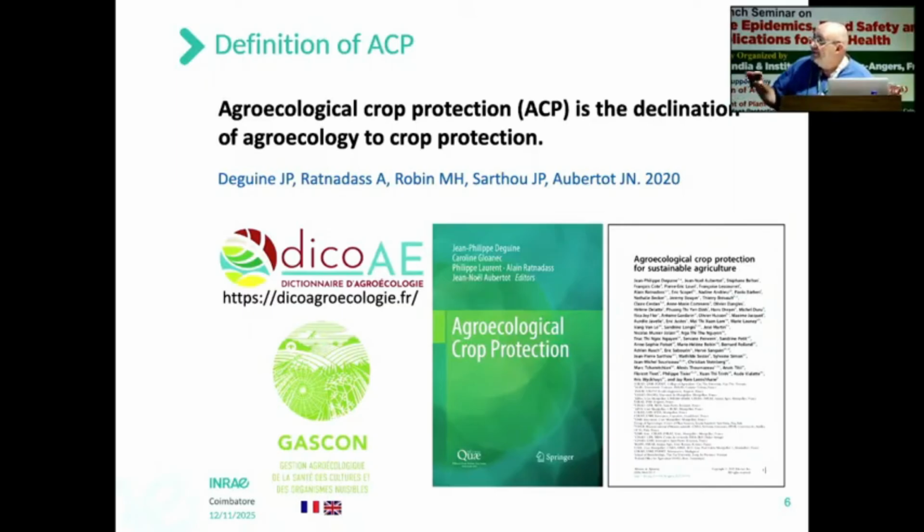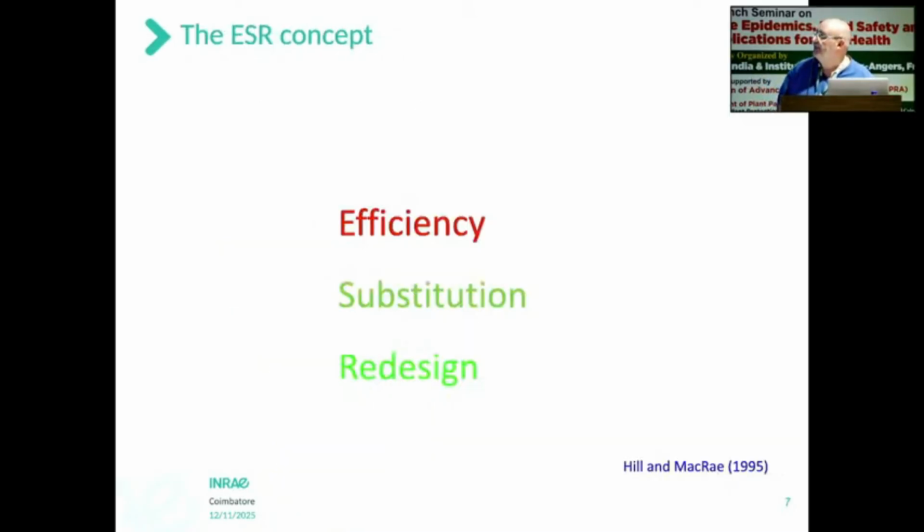And the basic message is that ACP, agroecological crop protection, is the declination of agroecology to crop protection. And we also wrote a paper, you see there are many authors, in order to propose the basic principle of ACP. And there is also an online training tool in order to help students to understand what is agroecological crop protection. So it takes about 8 hours to perform the training session.